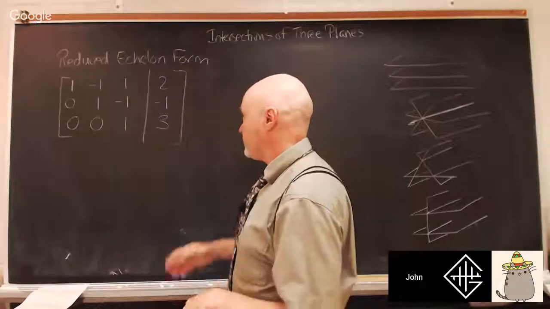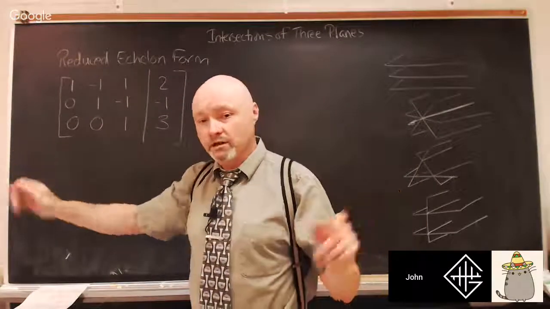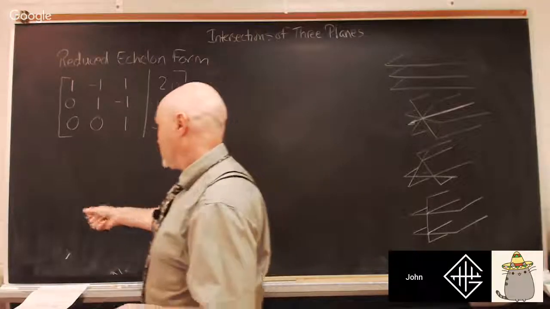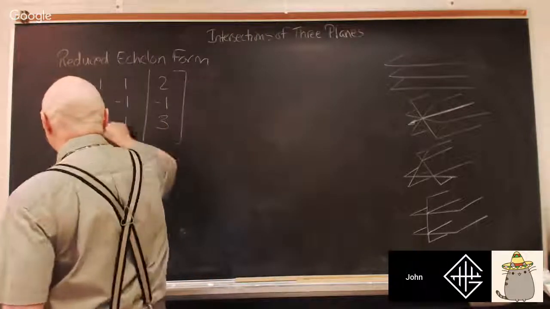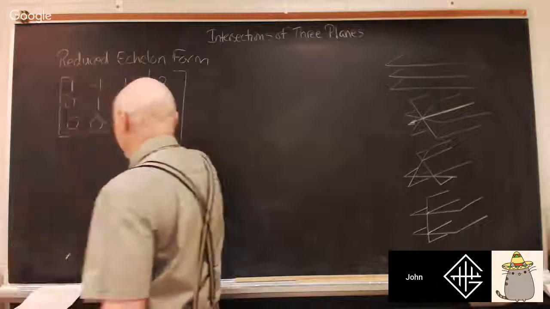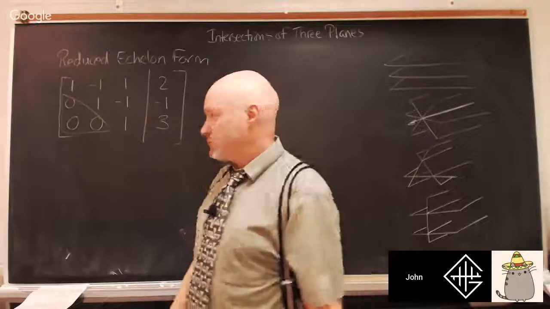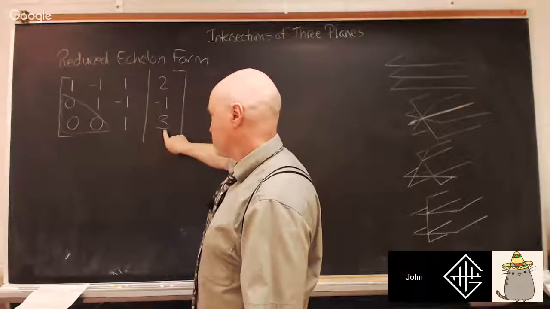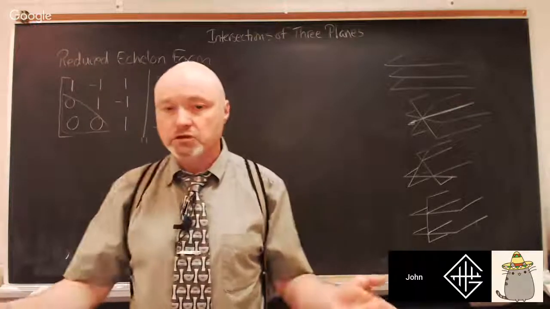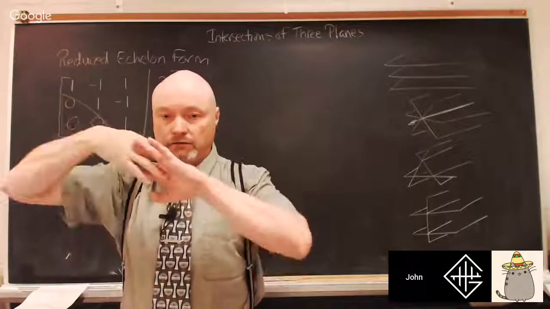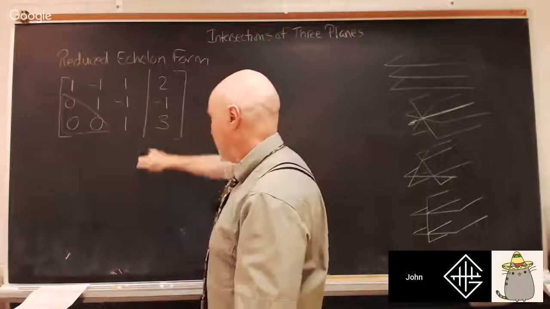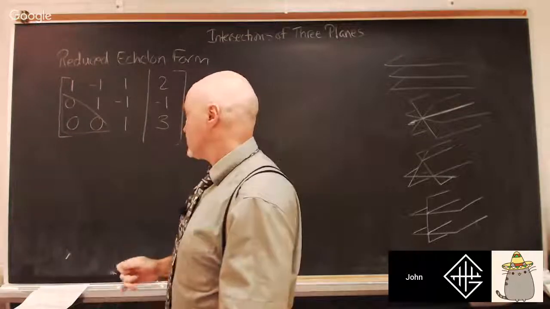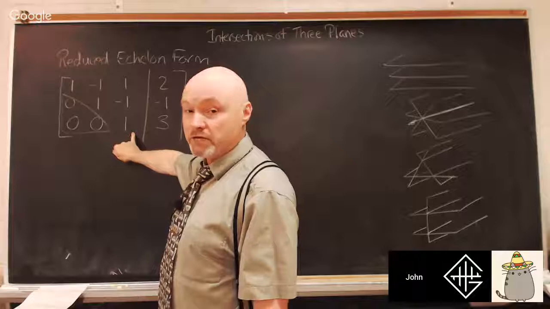So yesterday, we went to this reduced echelon form of the matrix, where we have this nice little triangle of zeros here, and we can directly read from this reduced echelon form that Z is equal to 3. And so in the solution to this system of equations with planes, the point of intersection of these planes happens when Z is equal to 3.